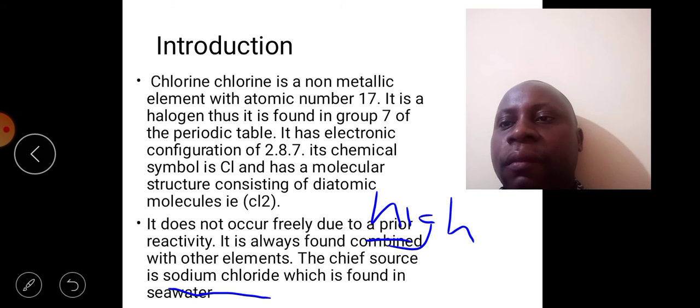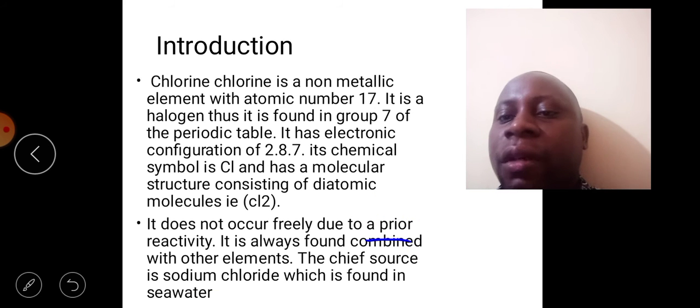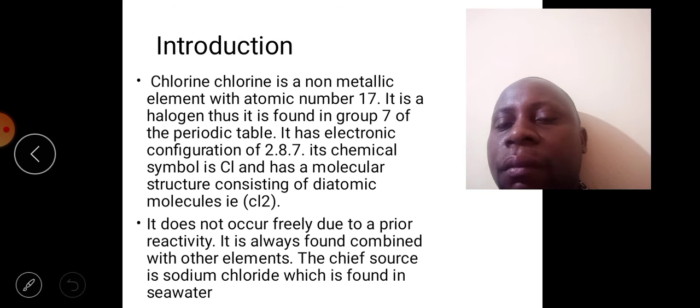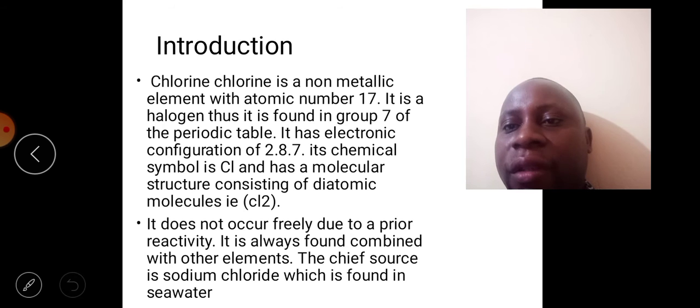Okay, so we have said that chlorine is a non-metal and it's among the group 7 elements. What is the general name of the group 7 elements? We have said they are called halogens. So chlorine is among the halogens.